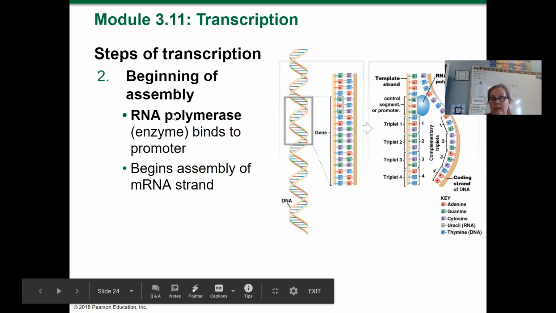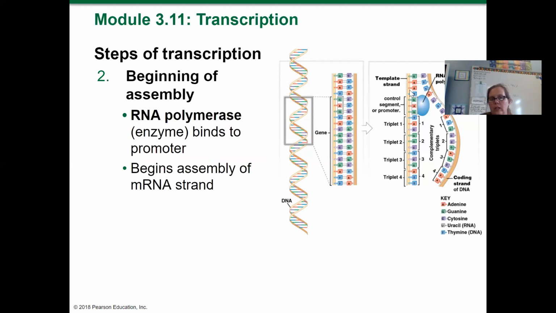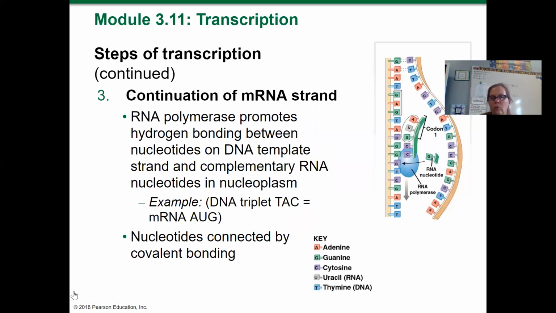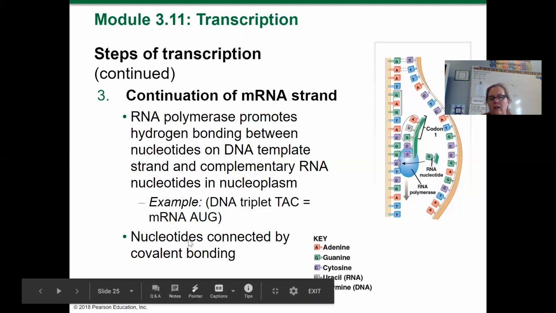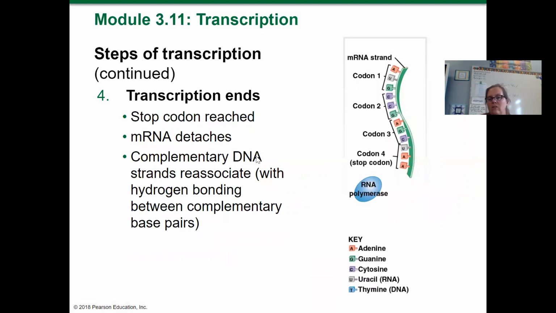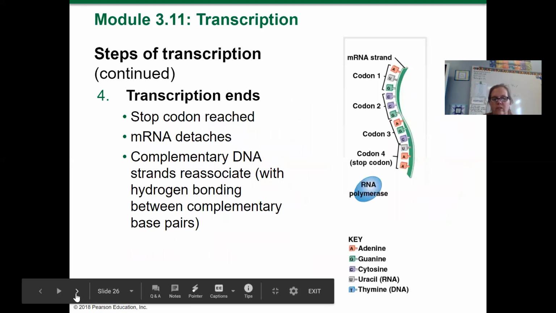RNA polymerase is that enzyme, and it binds to a specific region of the gene and starts to make an mRNA strand. It continues to grow until it hits a code that's going to shut it off, a stop code, and then transcription ends. The mRNA detaches, and then the DNA rebuilds itself.